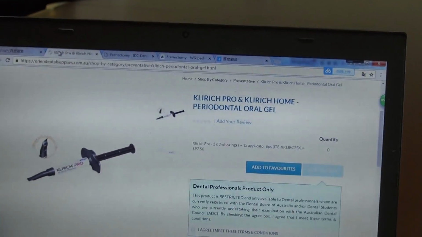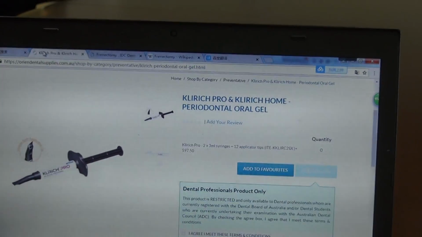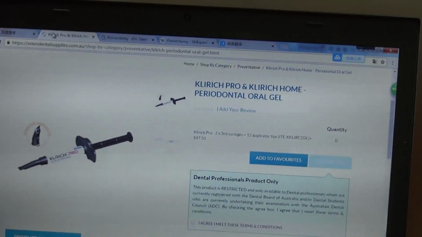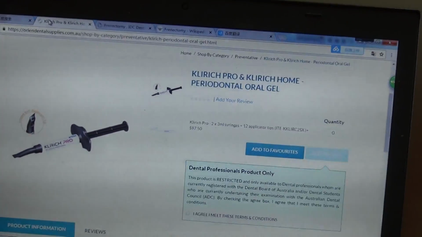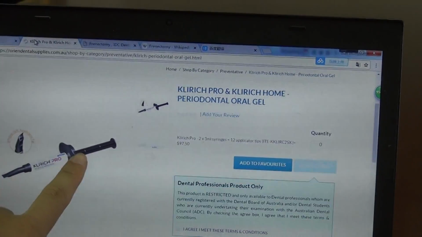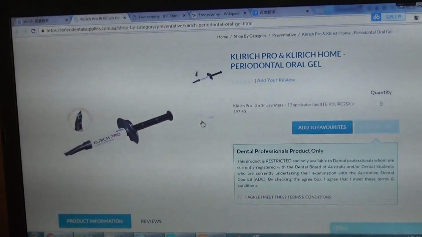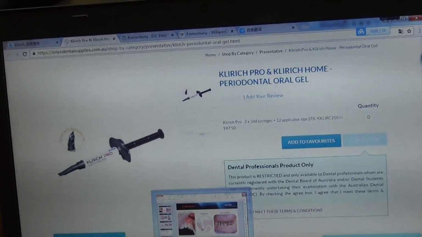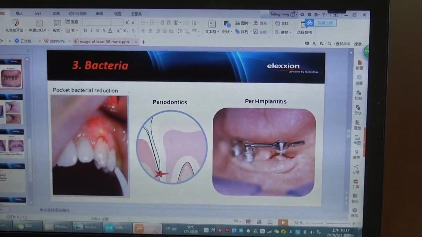Well, this is a kind of solution. I don't know if the doctors are satisfied with it or not, or if they feel it is complicated. If they are not satisfied with the result of this gel, maybe laser is another solution for them. For these details, we can talk later.